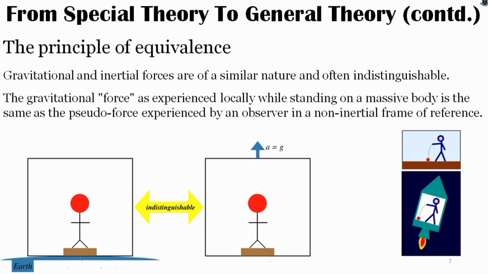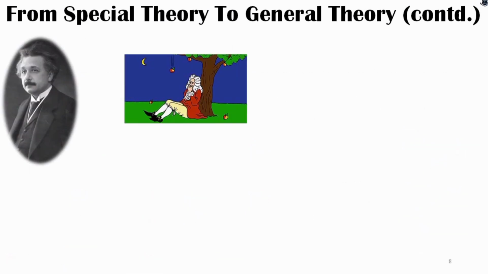Now, if you see this here, this blue one shows a bending. So the light ray, as I will show in the next part, actually bends. So this part is clear: the principle of equivalence tells us that gravitational and inertial forces are similar and often indistinguishable, provided the given conditions.